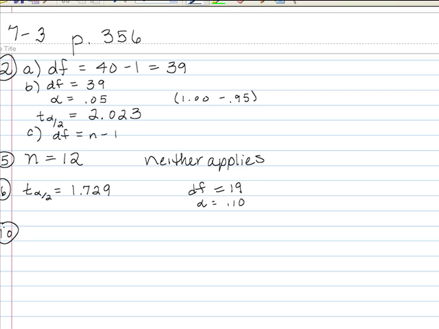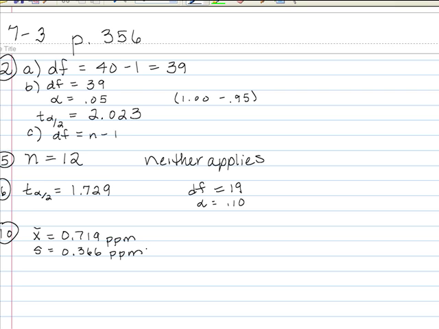So x bar is 0.719 ppm. And the standard deviation is 0.366. Construct a 90% confidence interval estimate of the mean amount of mercury in the population.